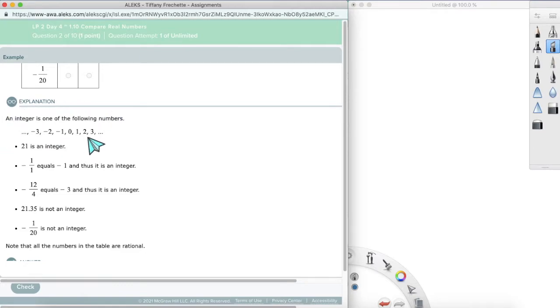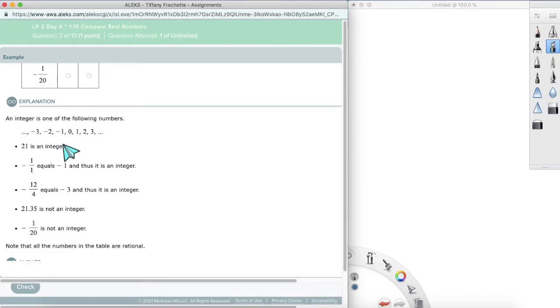So if we look at this list, it's saying that an integer is anything 0 and above or below. But if you notice, there's no decimal places here. It's all whole numbers. So no decimals: 1, 2, 3, 4, 5, -1, -2, -3, -4, or 0.